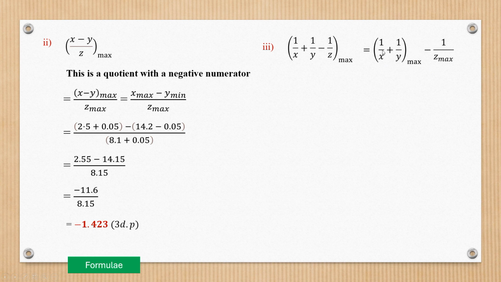Now when I look at this, I'm also going to be adding these two, but I should also consider the fact that I have a 1 over x and this is 1 over y. So when I find maximum in addition, it's basically max plus max in all cases. But now because this is 1 over x, I look at the maximum in 1 over x.